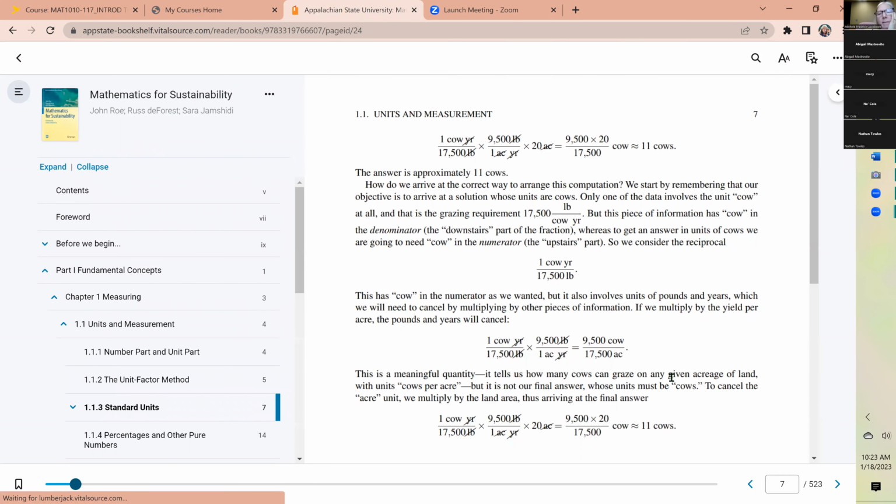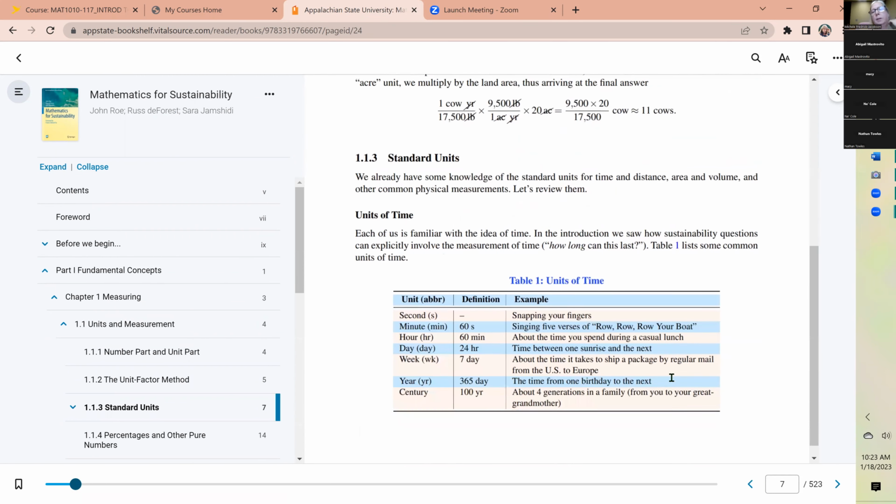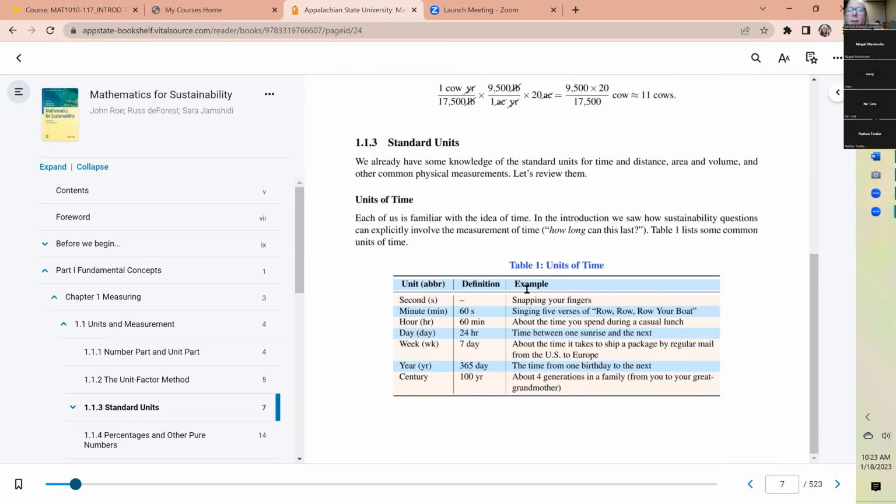Okay, so page 7 towards the bottom, it gives you units. Seconds, snapping your finger would be a second. A heartbeat would be a second. Minutes are 60 seconds. It's also giving you the abbreviations, which is nice.